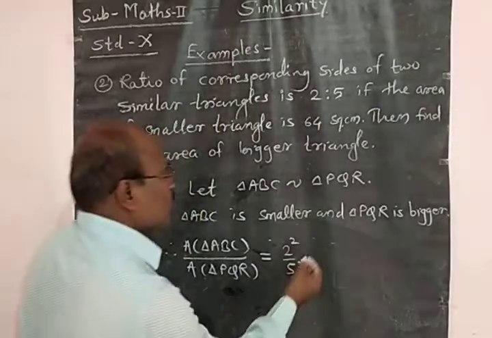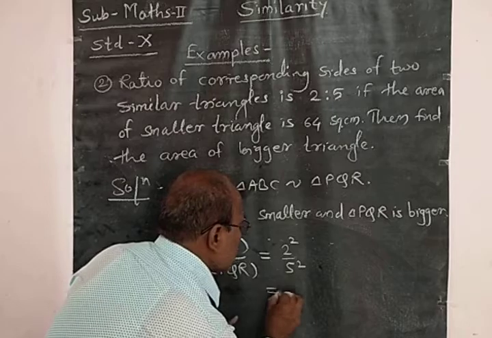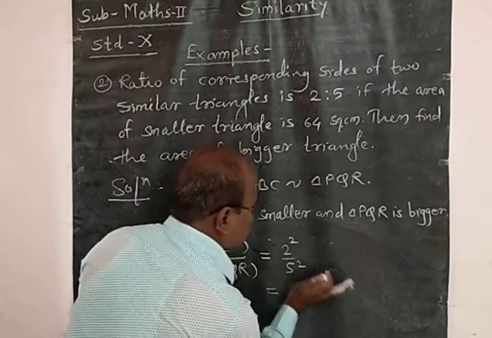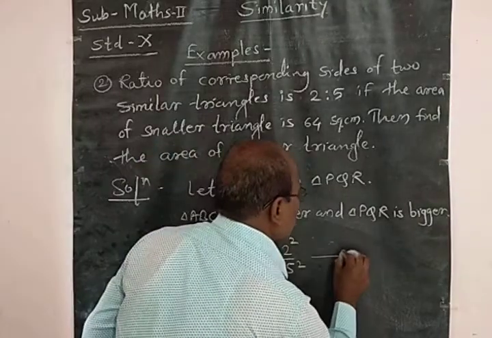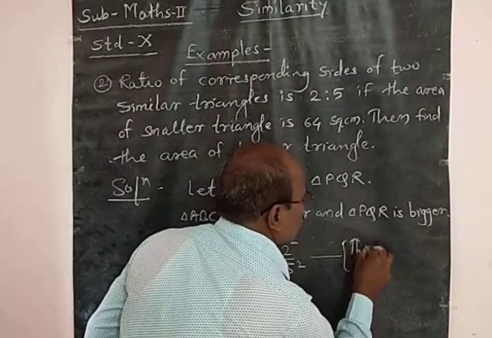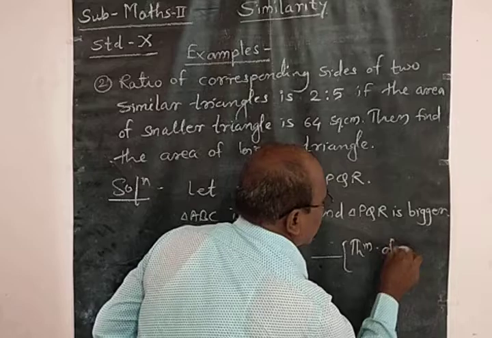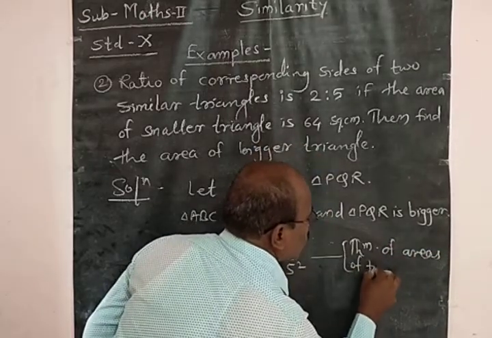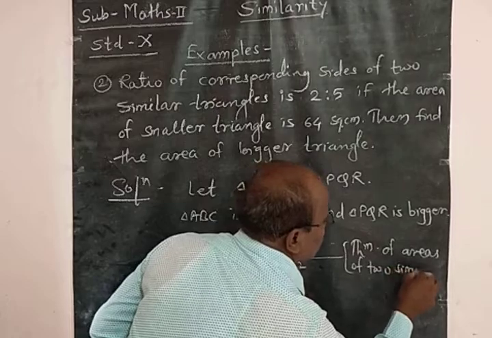Okay, that is equal to 2 upon 5, or 2 square upon 5 square, because it is the theorem of areas of two similar triangles.